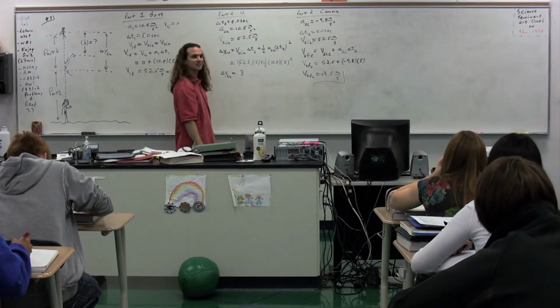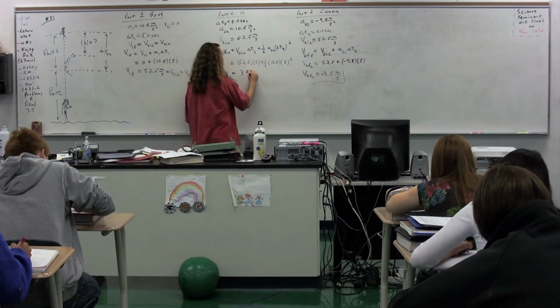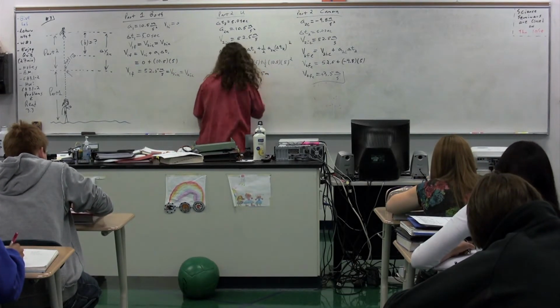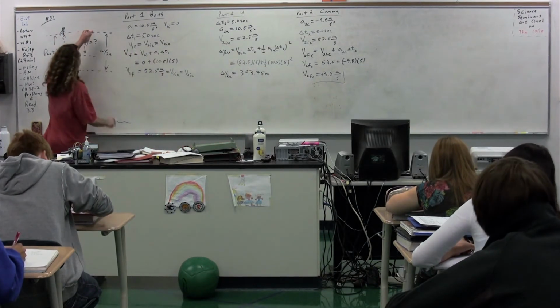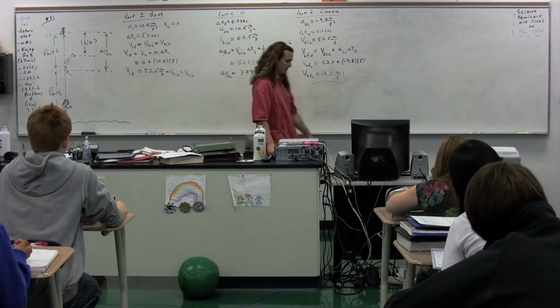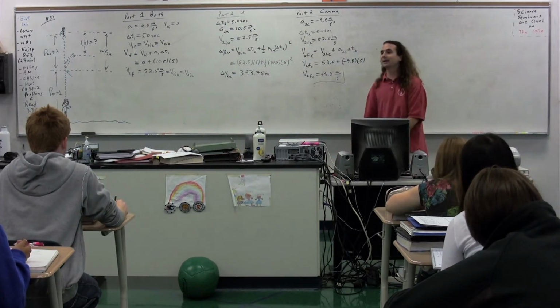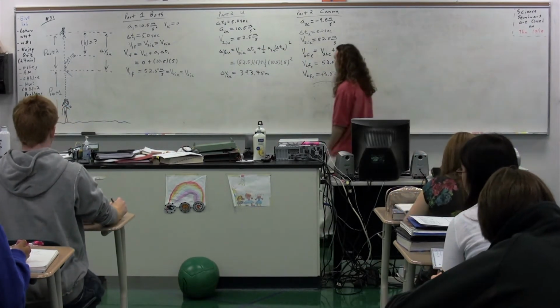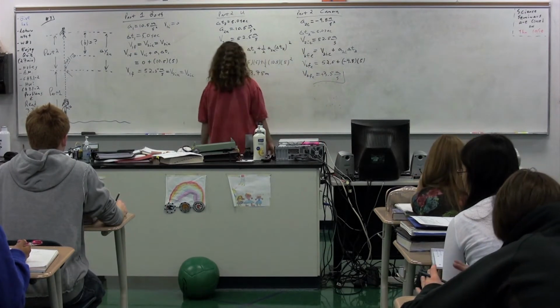Sorry. 393.75 meters. We have figured out the displacement in the y direction of you from the moment you dropped the camera. Trevor, what now? Now you can figure out the displacement for the part 2 camera.